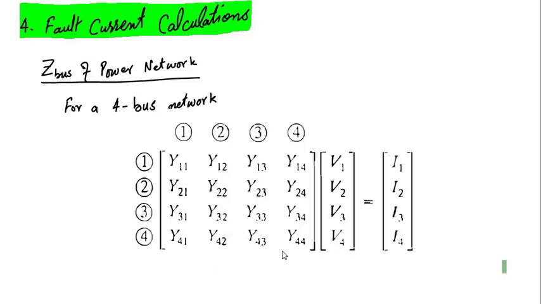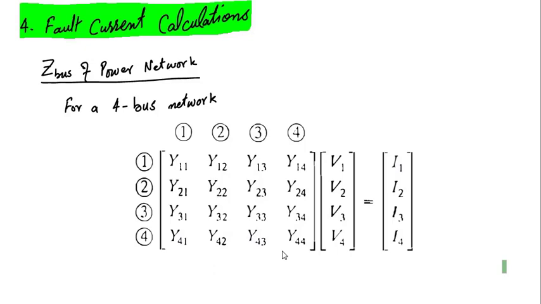This first matrix, the coefficient matrix of admittances, is of prime importance because it gives us all the structural information of our power network. In other words, we can construct our network back from this matrix, and similarly this matrix can be developed from the network by just inspection, because all the information about how different branches are connected with each other and the admittance values of different branches is given in this matrix.